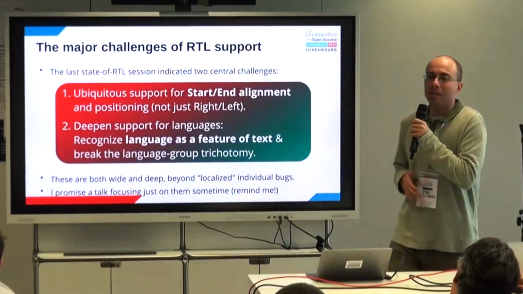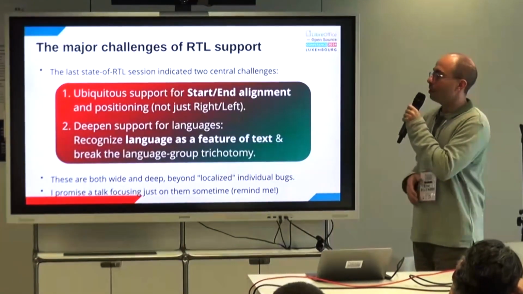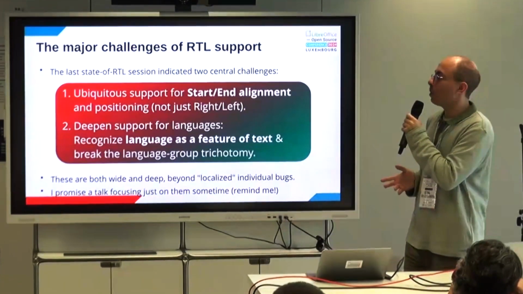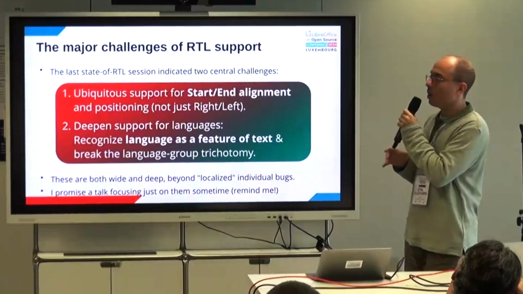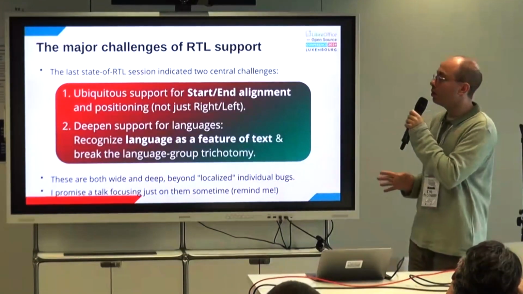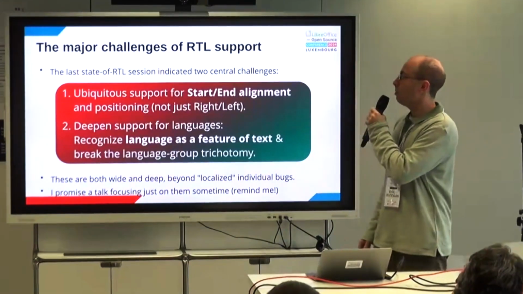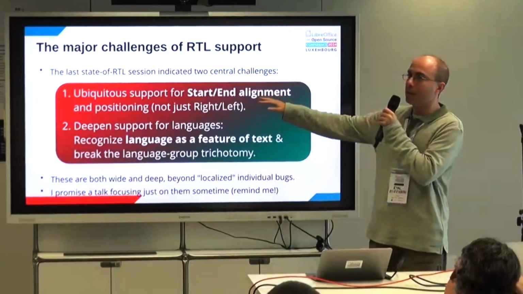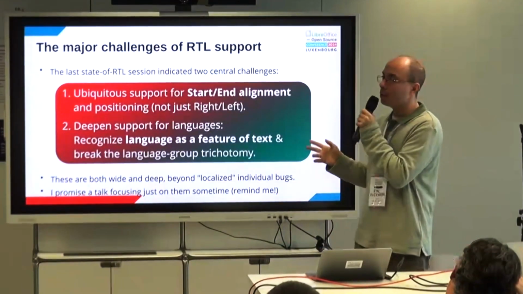I mentioned 2 years ago 2 issues which I see as significant challenges facing right-to-left support in LibreOffice, which are not individual issues, but something wider and deeper. One of them is support for start and end position and alignment as opposed to right or left.